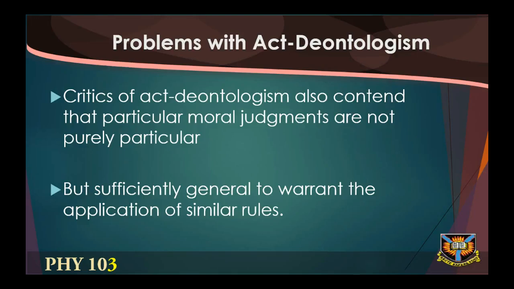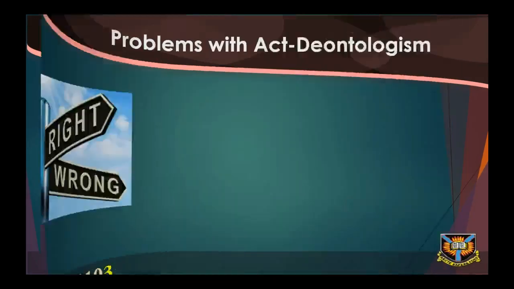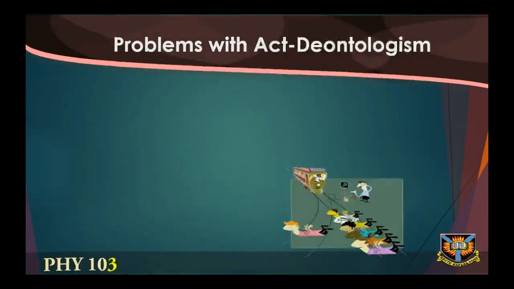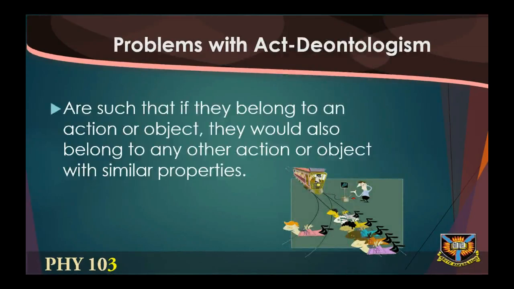sufficiently similar situations. What Act-Deontologists ignore is that moral and value predicates, such as good, bad, right and wrong, are such that if they belong to an action or object, they would also belong to any other action or object with similar properties.